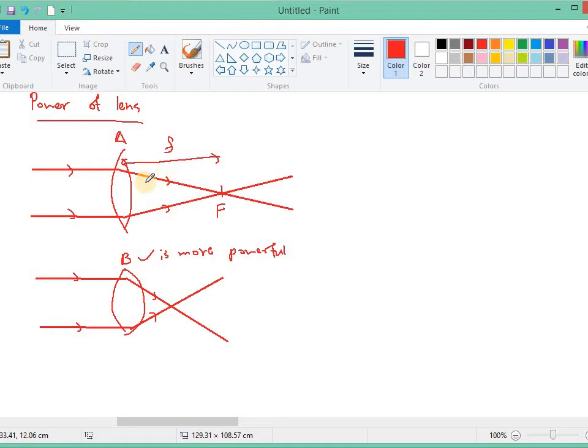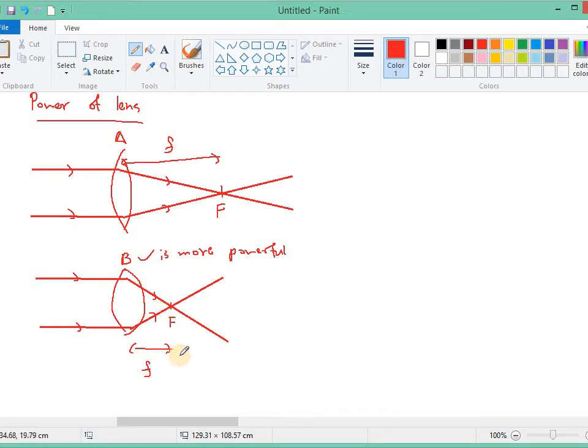Light comes in parallel, passes through, and then it will converge to one point. So that point is the focal point. So the distance between the focal point to the optical center of the lens is what we call the focal length. So if the lens is less powerful, then the focal length will be longer. If it is more powerful, then the focal length will be shorter.